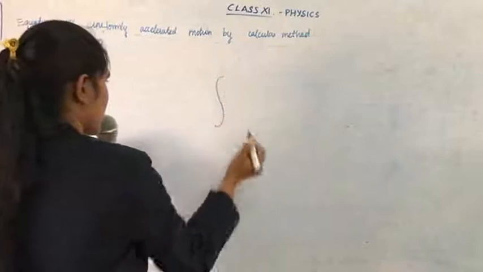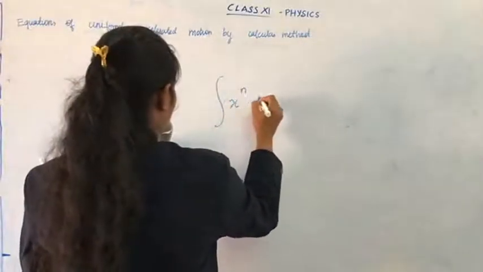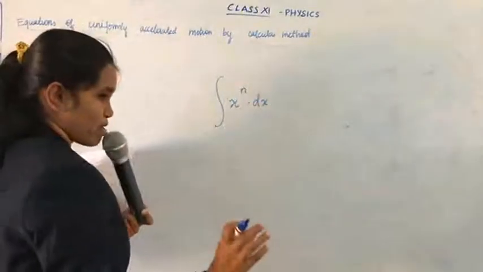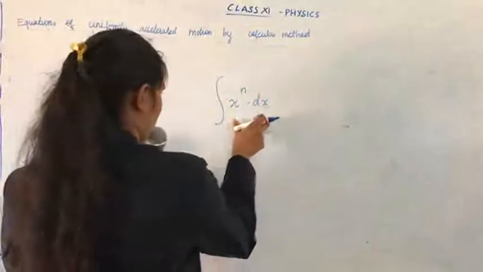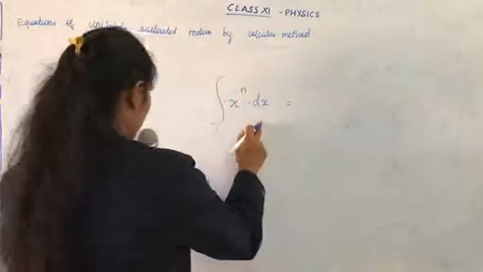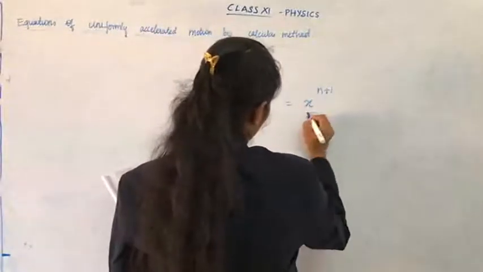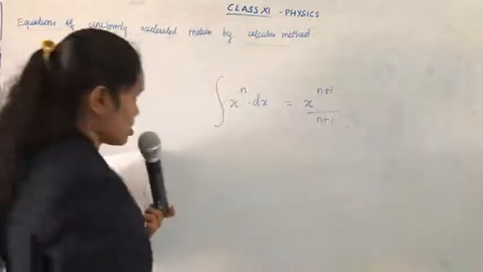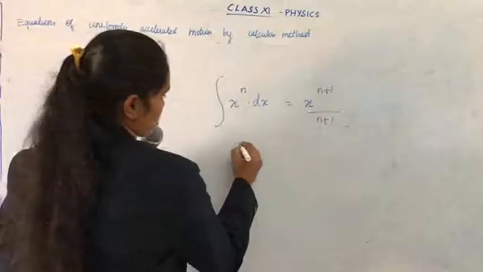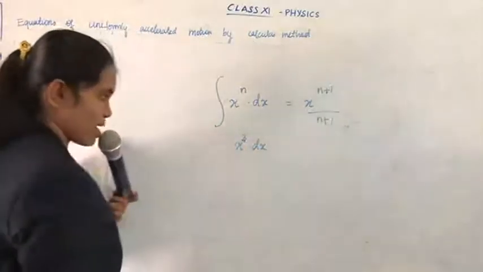This is the integration symbol. For integrating x power n into dx, the formula is x power n plus 1 by n plus 1. For example, you have to integrate x cube.